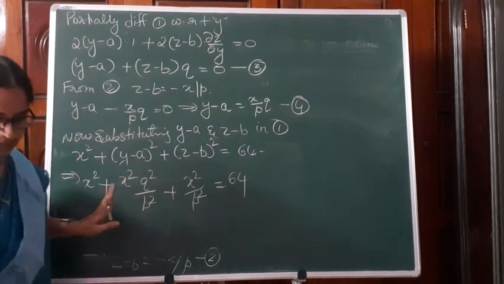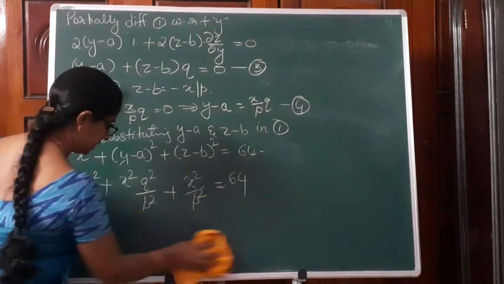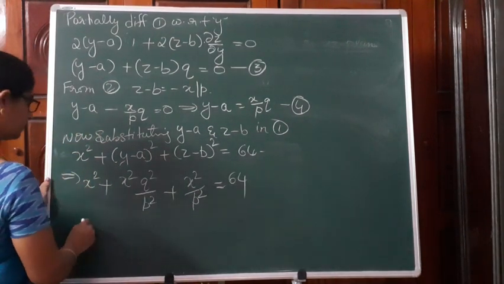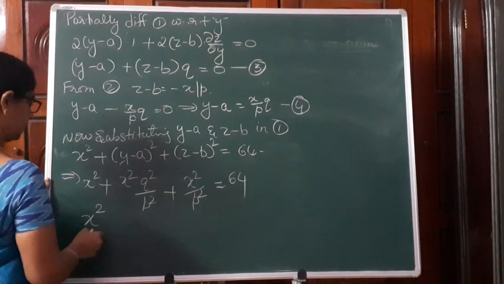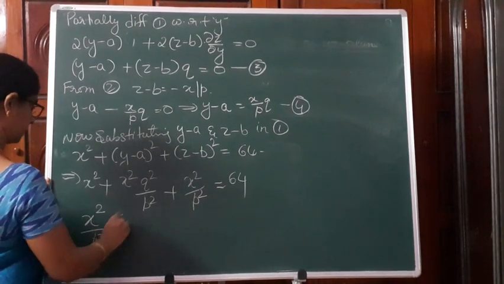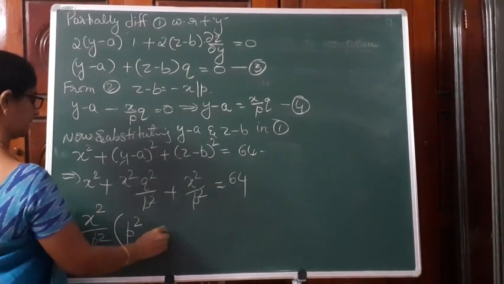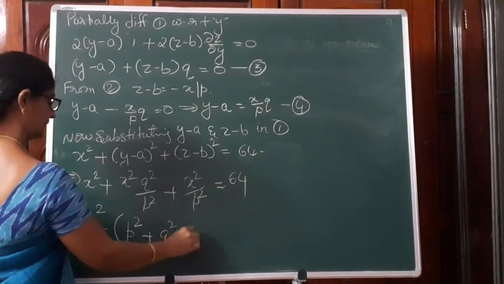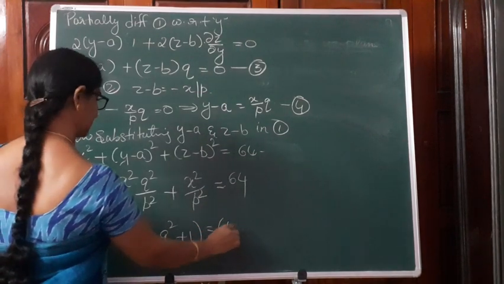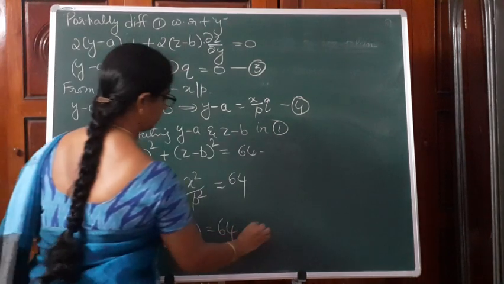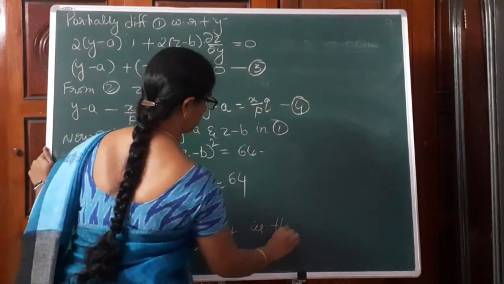Now a and b are eliminated completely. Now we simplify this equation and write it as x square by p square into (p square plus q square plus 1) is equal to 64. This is the required partial differential equation.